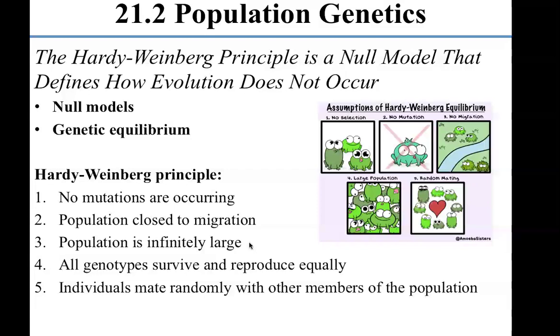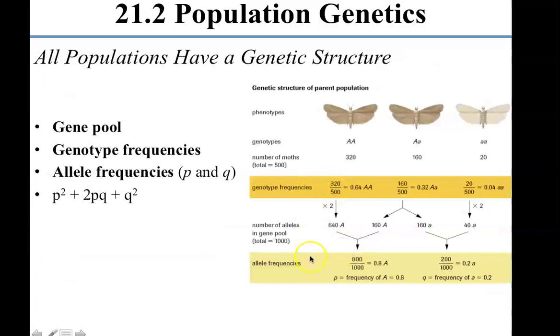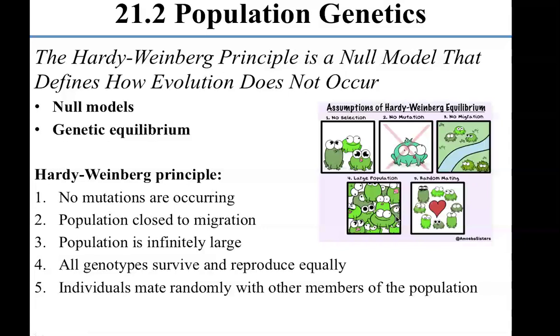Number 4, all genotypes survive and reproduce equally. So in other words, for these genotype and allele frequencies to remain the same, it shouldn't matter in terms of survivorship if you're homozygous dominant, heterozygous, or homozygous recessive. For the population not to be evolving, it doesn't matter what genotypes they have. Number 5, individuals mate randomly with other members of the population.